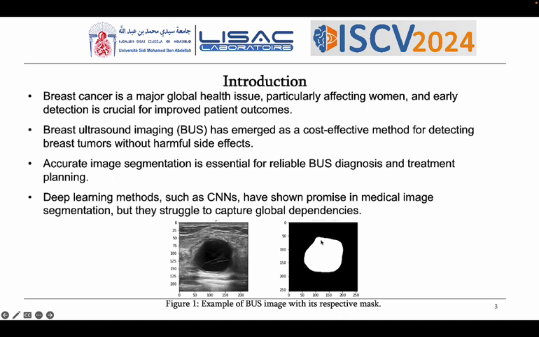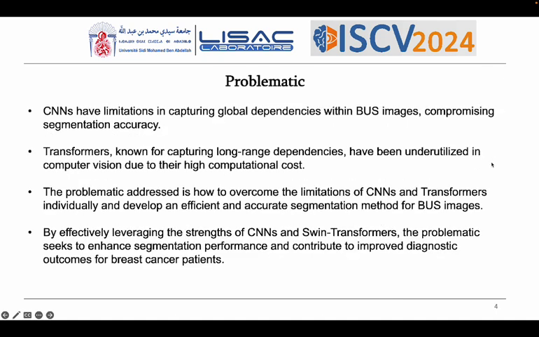For the problematic, we have two limitations. The first is that CNNs, or convolutional neural networks, have limitations in capturing global dependencies. In CNNs we perform convolutional operations using a fixed kernel size, for example 3 by 3, 1 by 1 or 5 by 5, and we extract features in those regions.